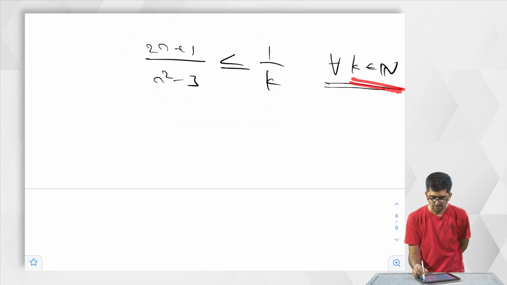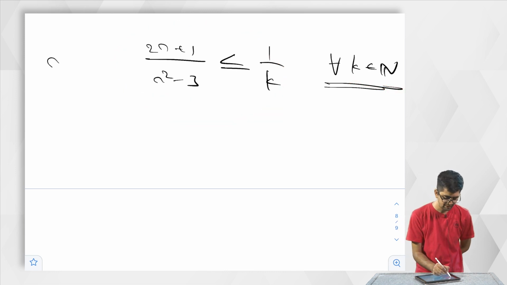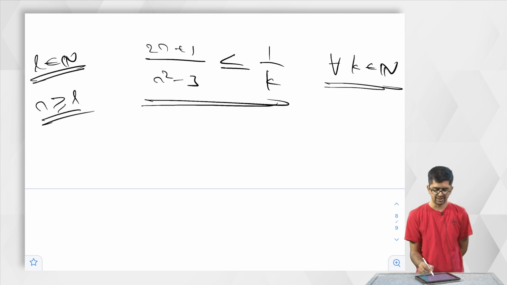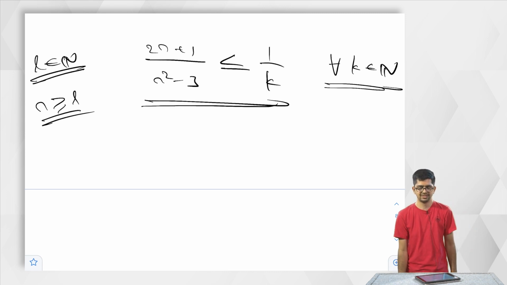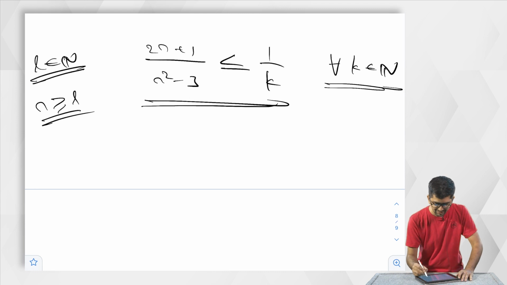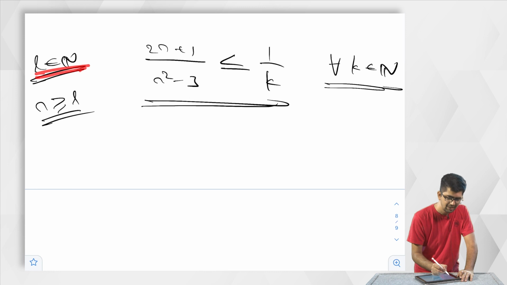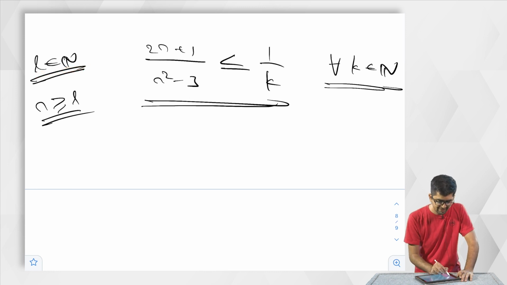Whenever I fix k, I can find some element L belongs to n, such that whenever n is greater than or equal to L, this element is less than 1 by k. This is what we have seen, right? Whenever you fix some k, I can find some element L such that for every n greater than or equal to L, this is the case.